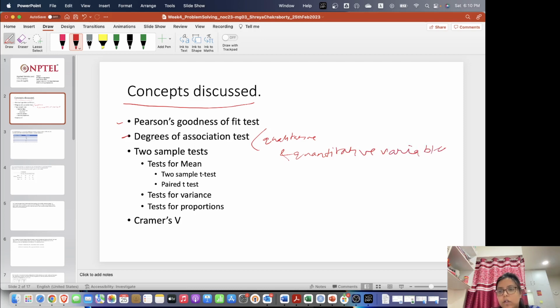For qualitative variables, there was the chi-square test of independence to test the relationship or degrees of association, or tests by odds ratio, some measures of odds ratio.